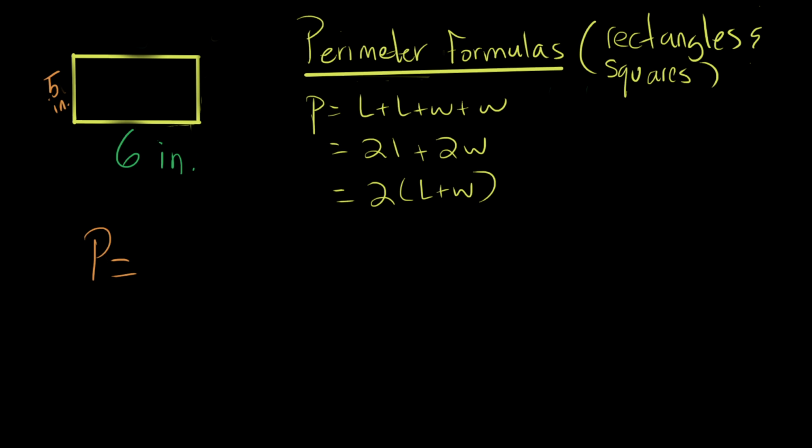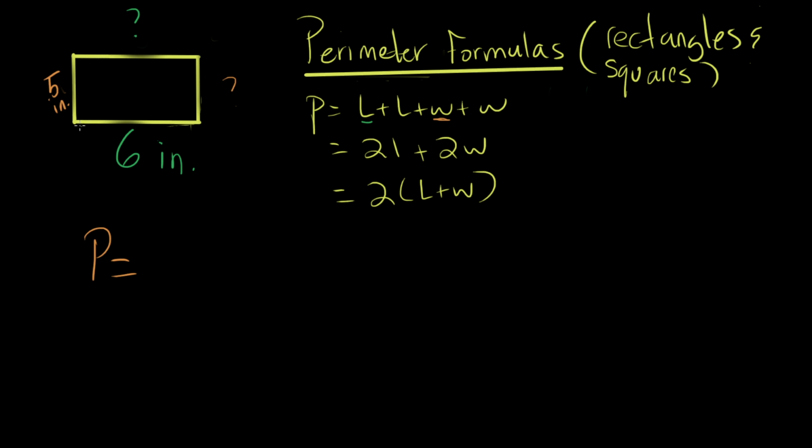Well, the first thing you need to think about is how do I get the measurements of the other side? Because if perimeter is length plus width, well, right now we only have one width and only one length. Well, all you gotta do is think about it. With a rectangle, the length of these sides are exactly the same.